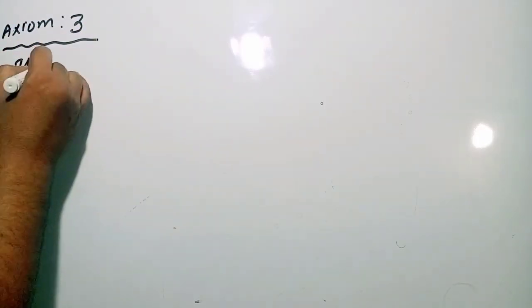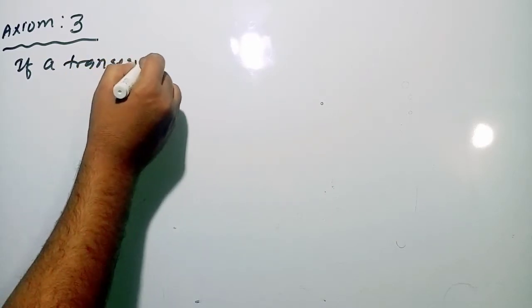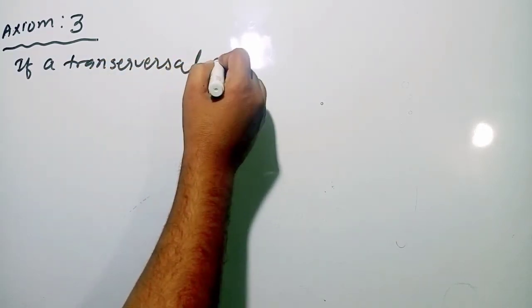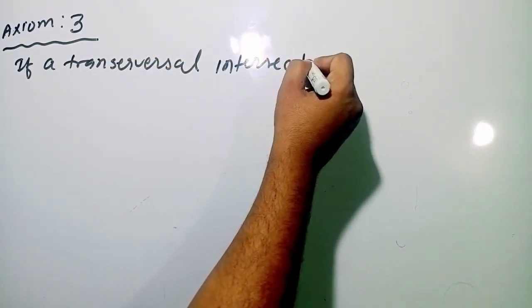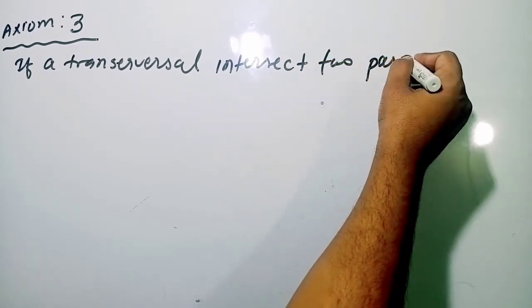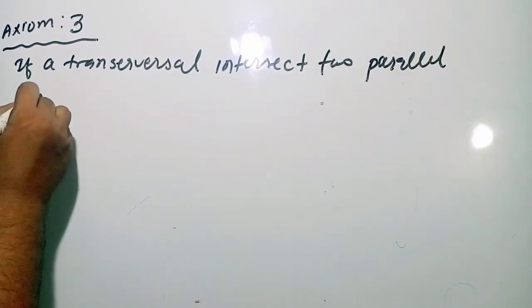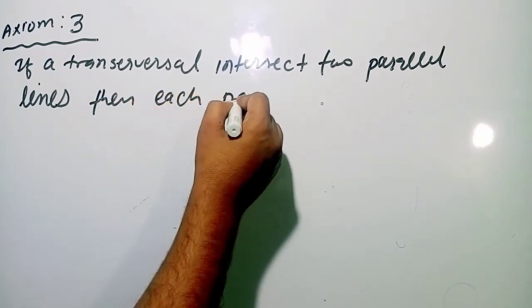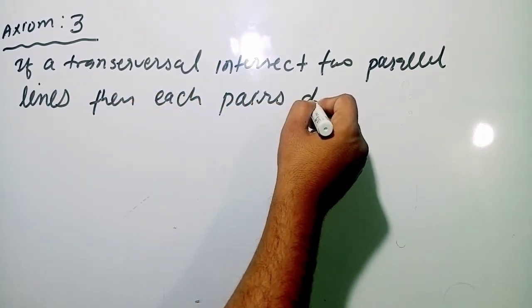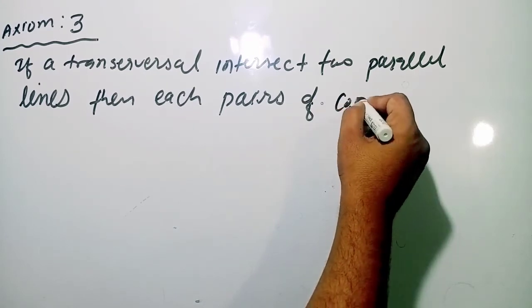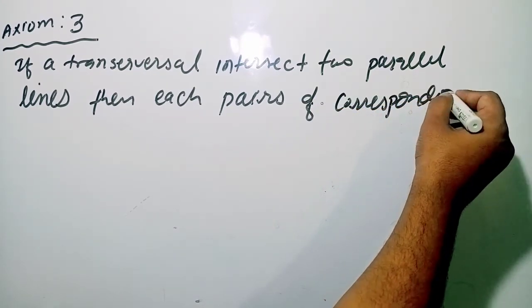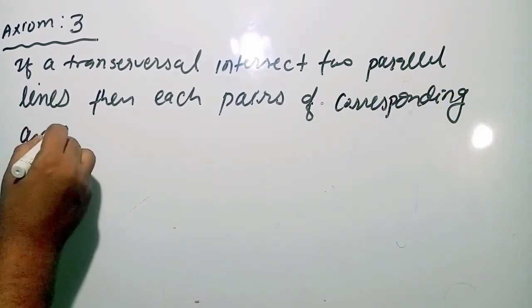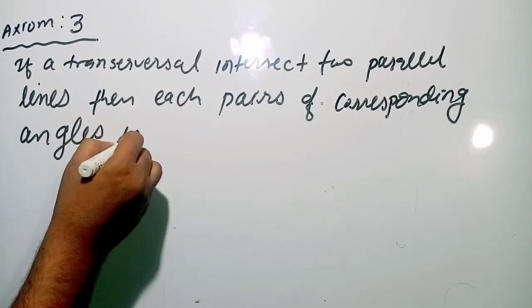Now axiom 3. In axiom 3, if a transversal intersects two parallel lines, then each pair of corresponding angles is equal.